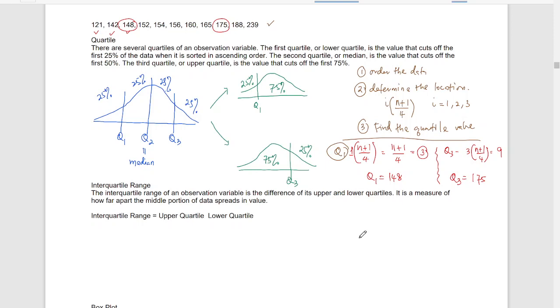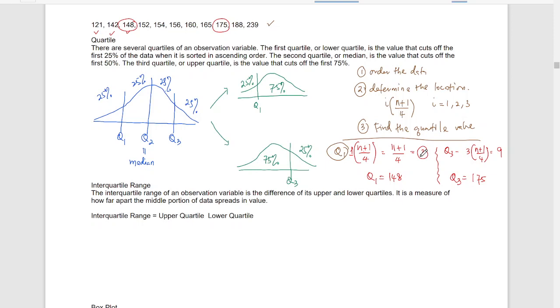This is for whenever you have an odd number of data. If you have an odd number, the position will be either an integer or 0.5, like 3.5, 4.5, and so on.